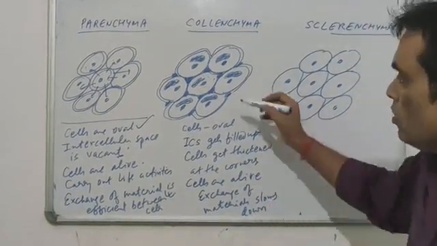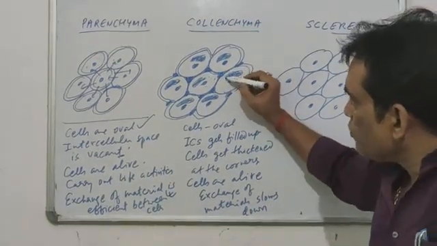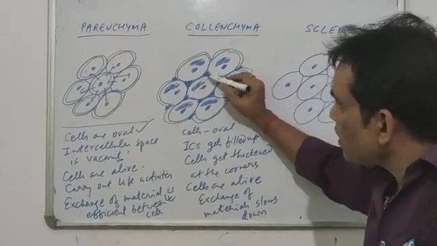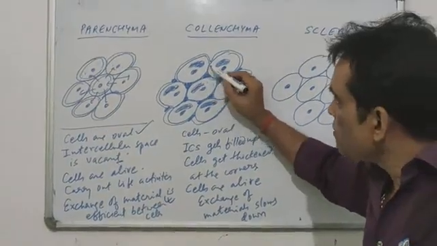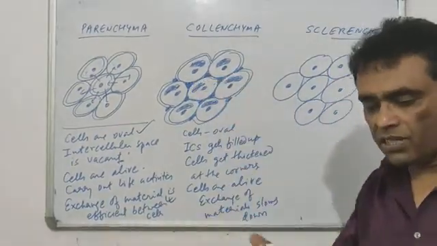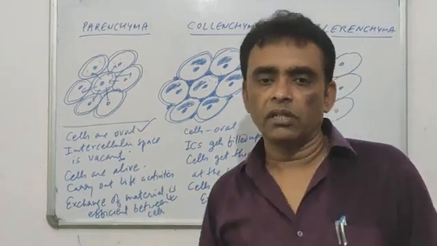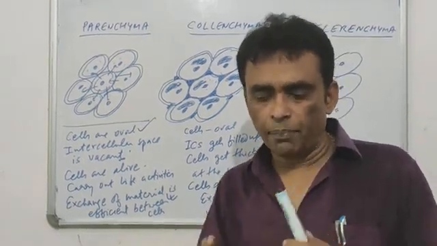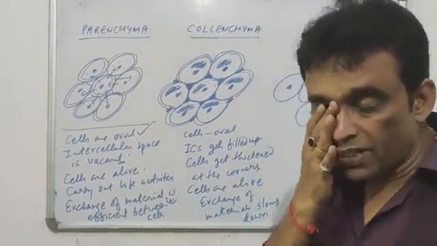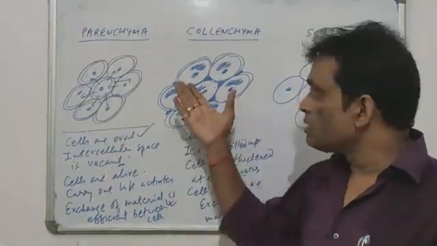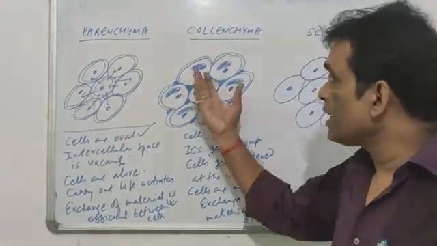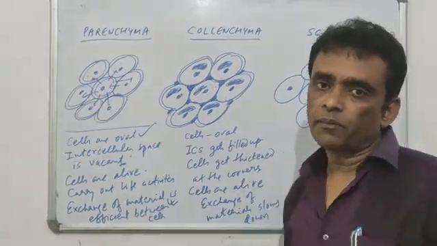Why does it slow down? Because wherever wastes are there, from that place now the materials cannot pass. So there are limited spaces left. Where the waste has accumulated, exchange cannot happen. Waste fills the gap, and through the waste the materials cannot pass. So exchange of materials slows down a little bit. This tissue becomes heavier than parenchyma.